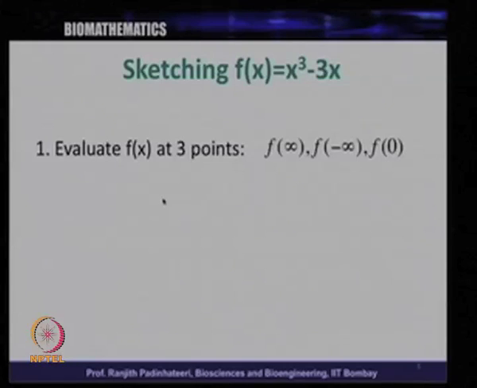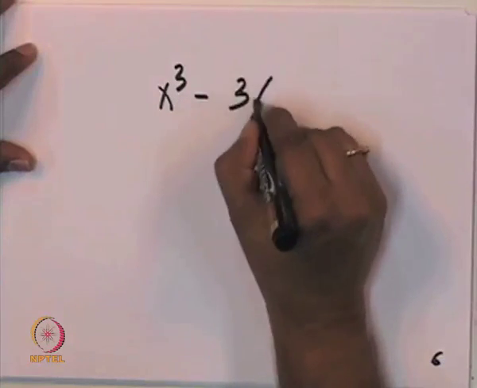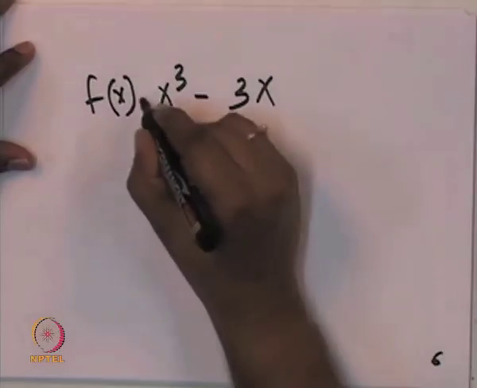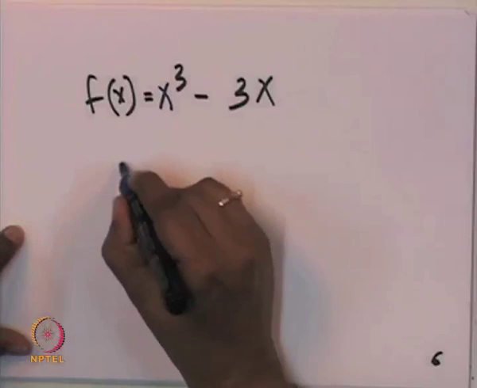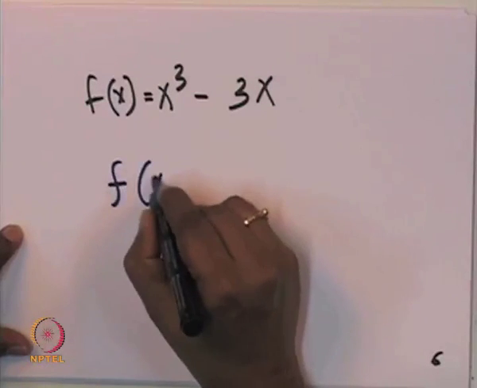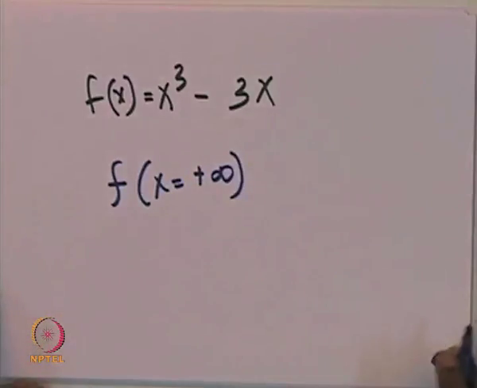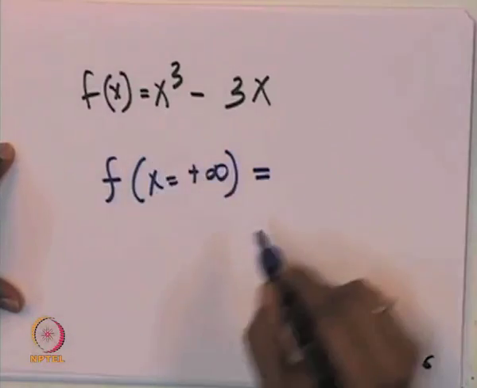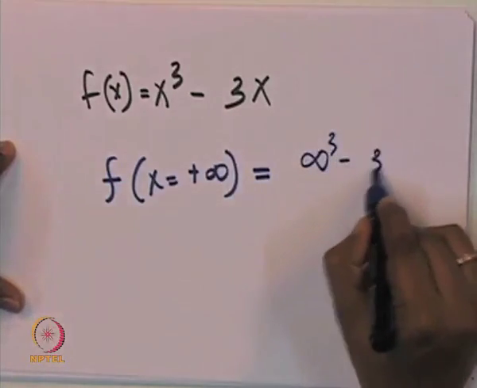The function we have is x cube minus 3 x, this is our f of x. First we want to find out f at x equal to infinity. That means you substitute x equal to infinity: infinity cube minus 3 times infinity.